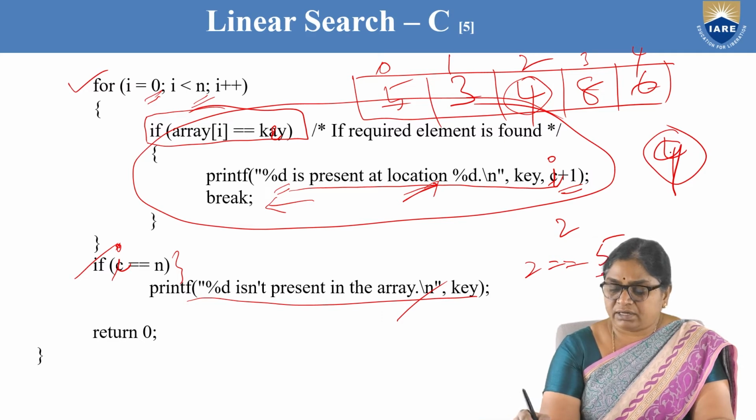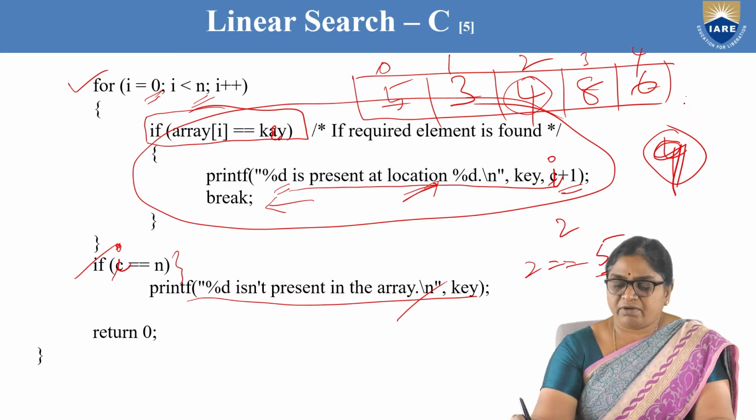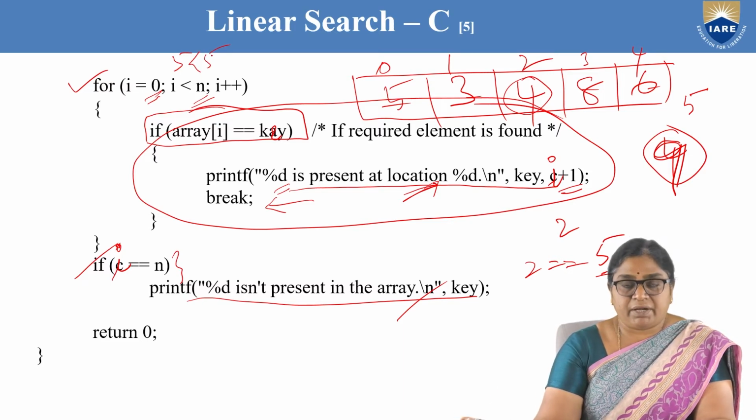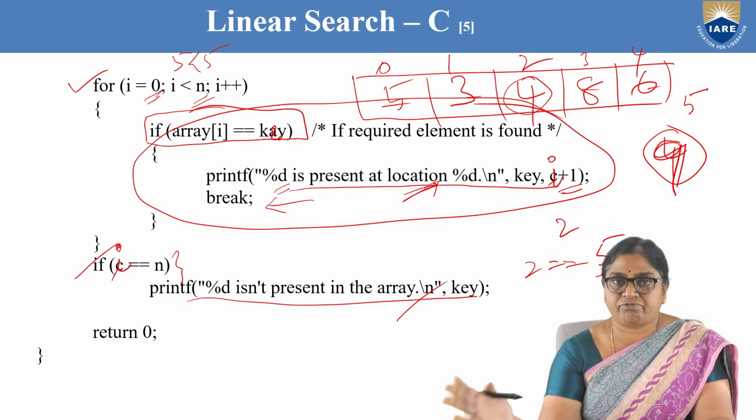But that key element is not present. Then what will it do? It will go for the next iteration. Now I will become 5. But 5 is not less than 5. Here the loop terminates. By the time the loop terminates, the value of I will be 5.